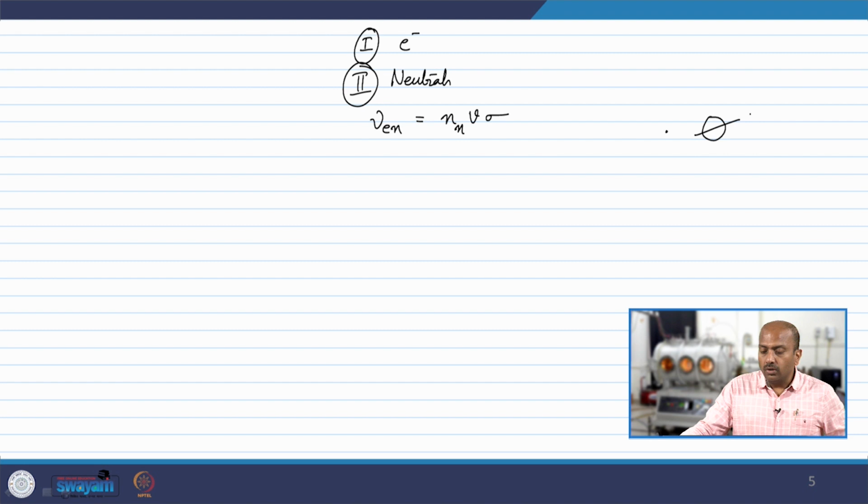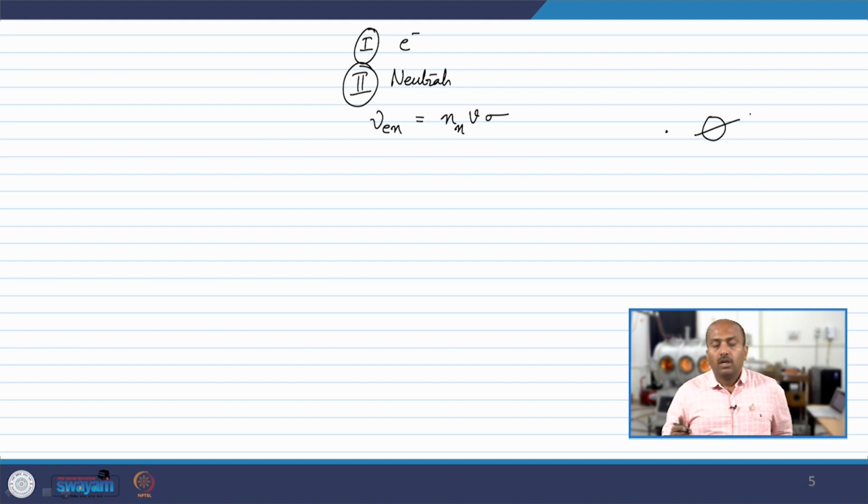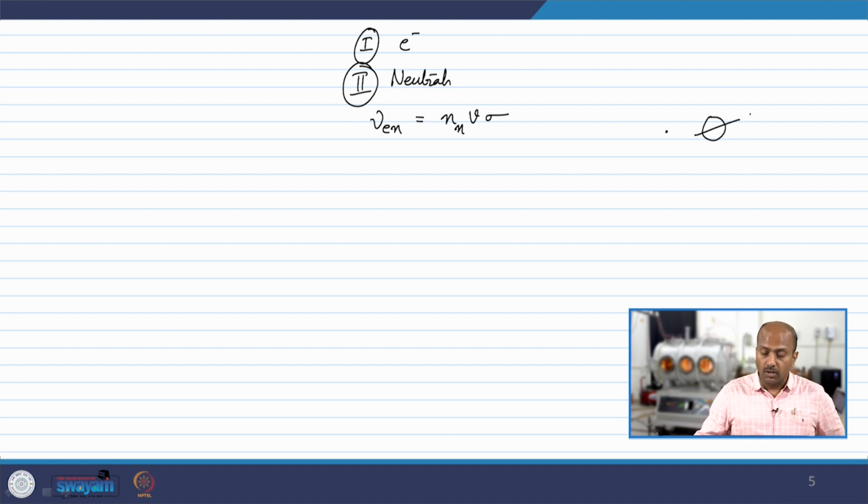Coming back, the collisional frequency of electrons with the neutral species depends on the number of neutrals that you have per unit volume multiplied by the velocity multiplied by the cross section. Now, what is this velocity? This velocity is obviously the velocity of the electron, but not the neutral species. So, electron velocity v can be written as square root of 3 kB T by me, right.